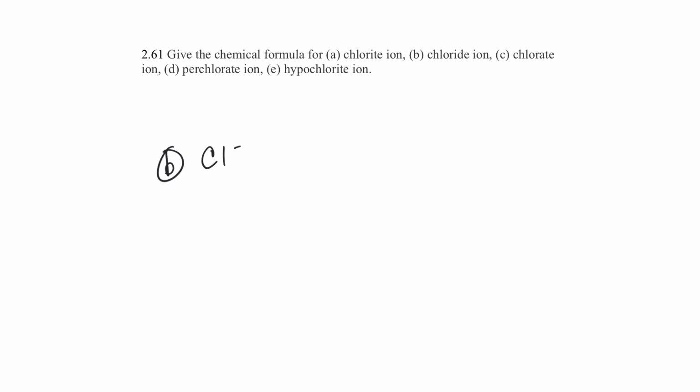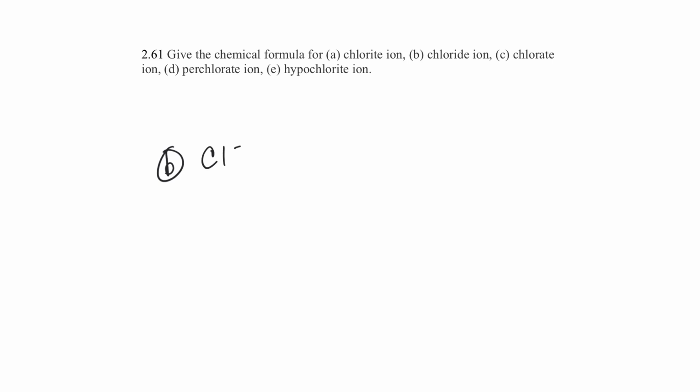Chlorine going to chloride, ide ending. The rest, the ates and the ites, work this way: a nonmetal can combine with oxygen in different ways, like O3 or O2 or O1 or O4, so you have to have more than one name. Usually it's going to be ate.